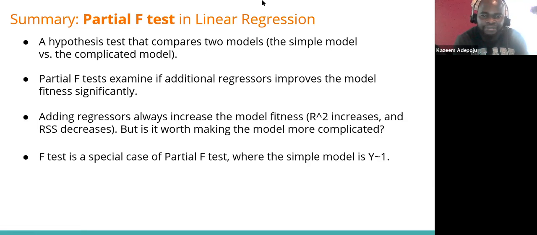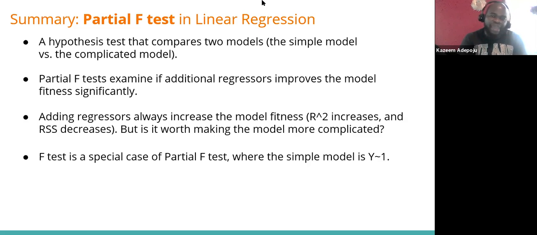Somebody said, so the F-test is to test a model, the partial F-test compares two models. Maybe I'm going to say the F-test is a test for the overall significance of the parameters in the model. If you put it that way, I think I'm actually going to be fine.